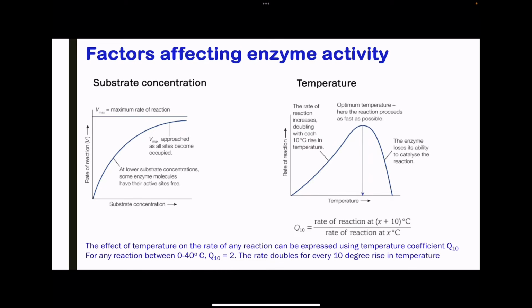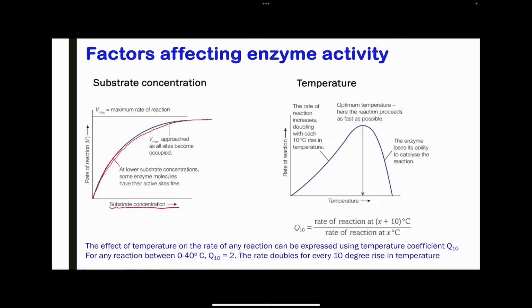So here we're looking at some of the factors. We're beginning with substrate concentration. Of course, the higher the substrate concentration, the higher the rate of enzyme-controlled reaction until the enzymes are fully saturated. So we can see here on the horizontal axis that substrate concentration is increasing, and as substrate concentration increases, the rate of reaction increases until a specific point when it levels off.